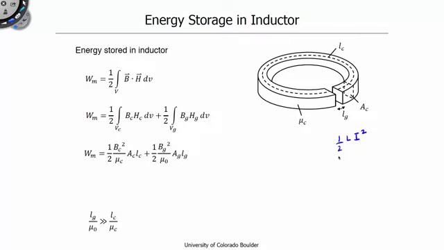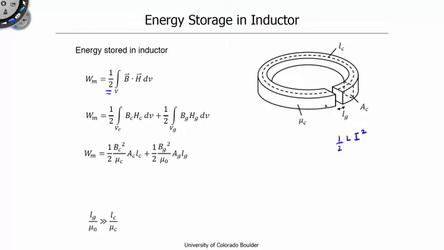In field terms, the energy stored in an inductor can be determined from the dot product of the magnetic flux density with the magnetic field and integrating that over the entire volume in which the fields are present. The factor of 1/2 here indicates that we are considering these B and H fields to be sinusoidal. The half just essentially takes that factor into account.